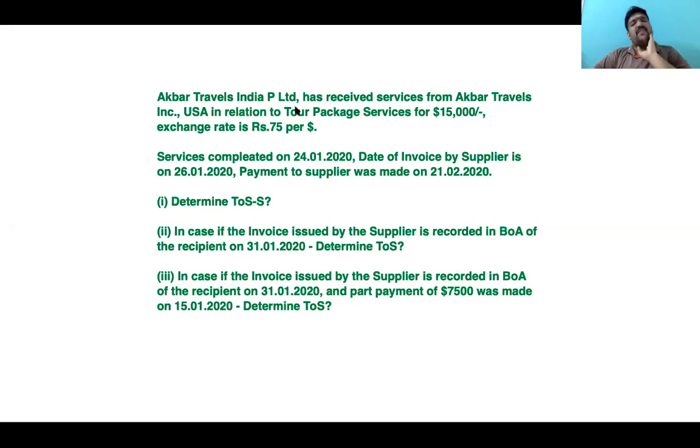Just in case of advances, what would happen? That's all. Italic 3 situation is your maximum testing in this topic.